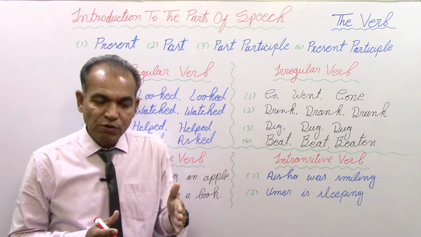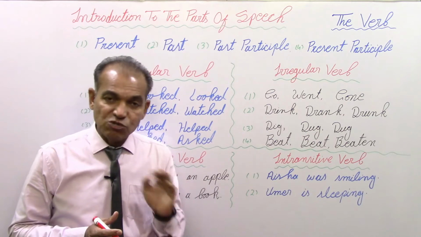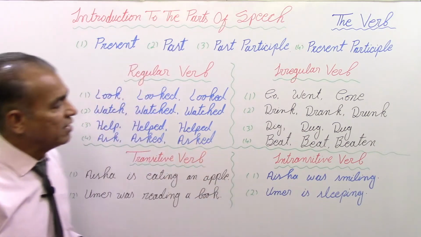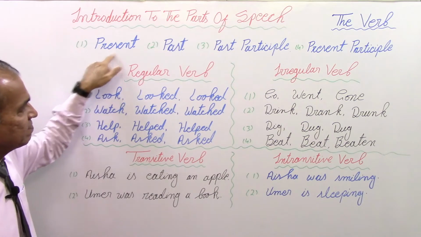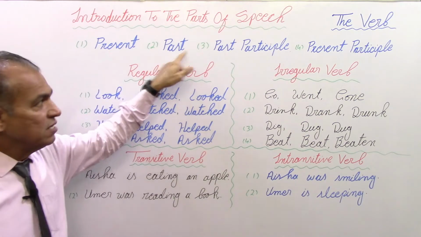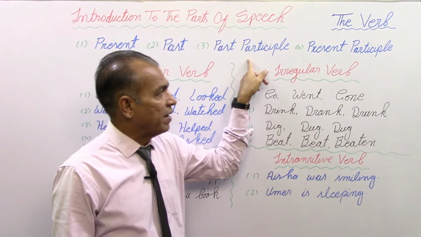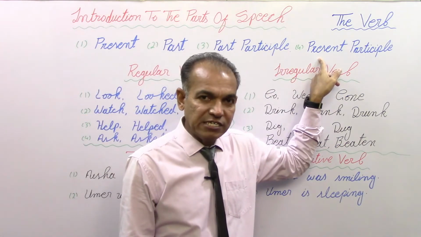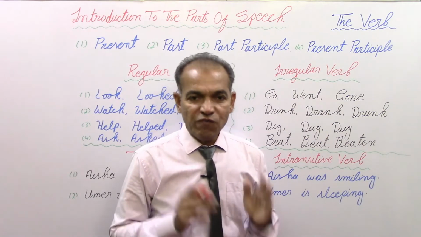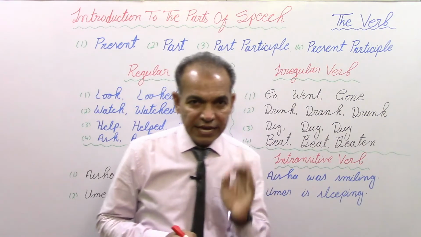These will help you learn the tenses, the 12 tenses as well. So you should learn the names of these four forms. So the first form is called present, second is called past, third is called past participle and the fourth form is called present participle. So these are the names of four forms in English.